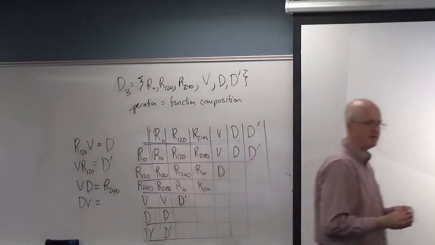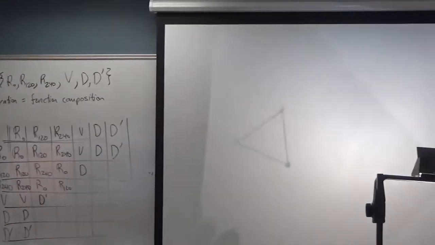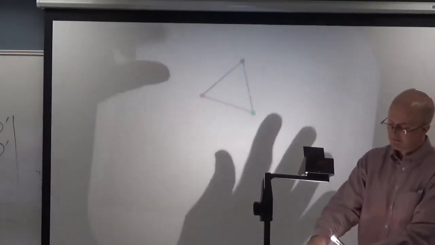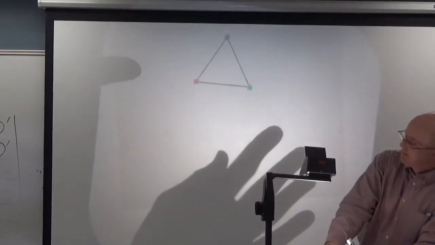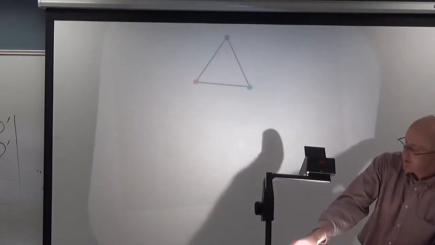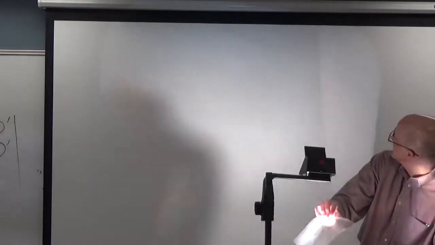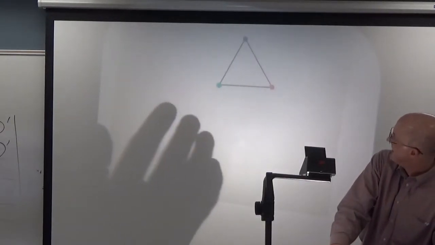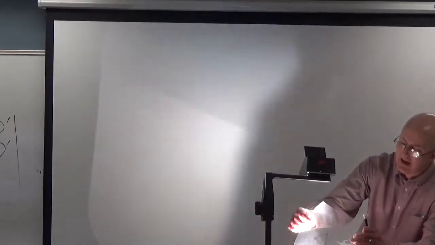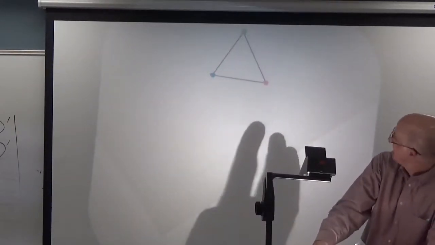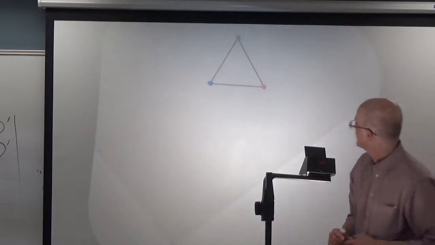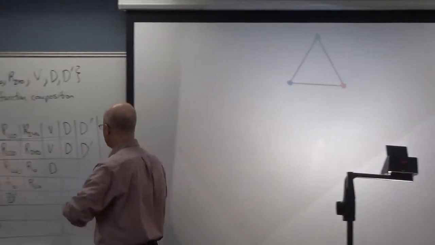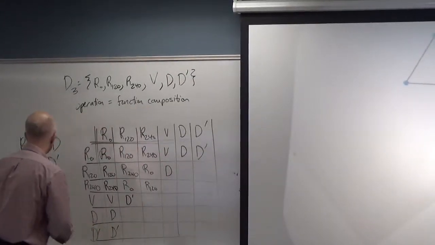Now do it the other way, DV, meaning do V first. There's the original. V gets done first, so I reflect this way. Then D gets done, so I reflect this way. I'm left with a rotation. It's a 120 degree rotation from the original. The blue is on top of the original.